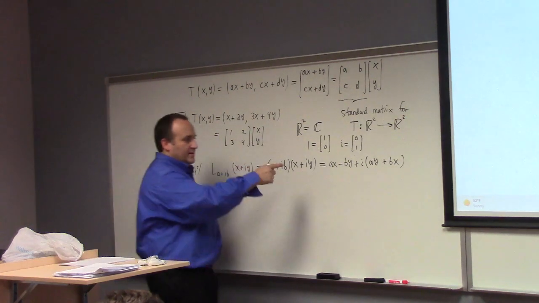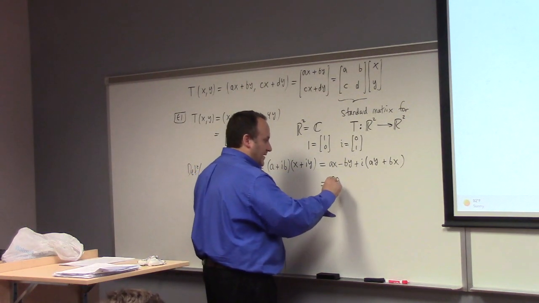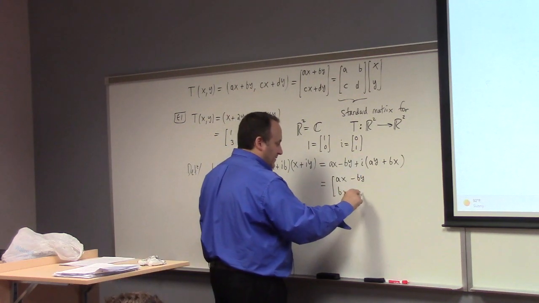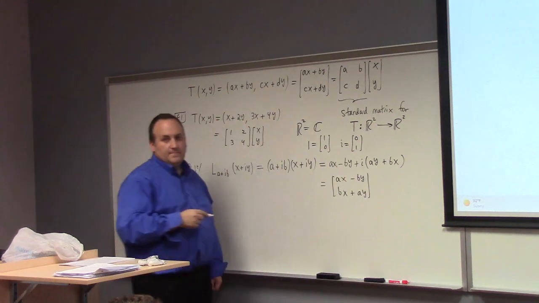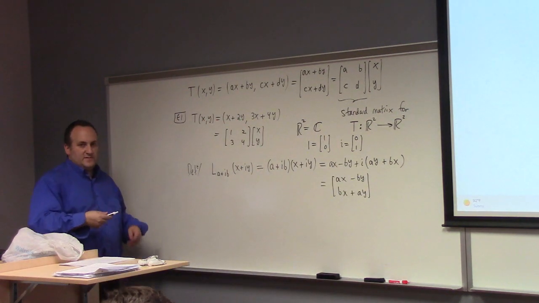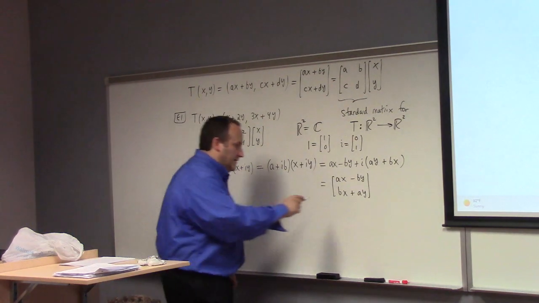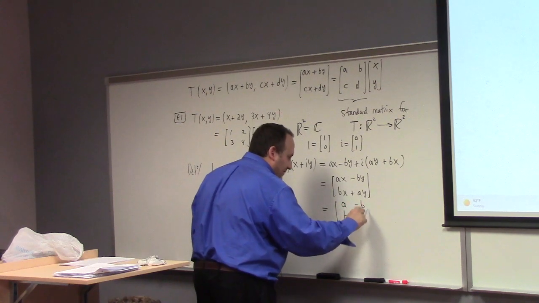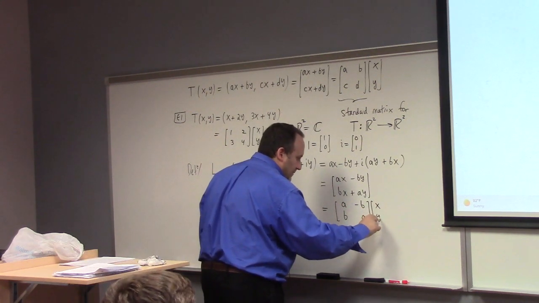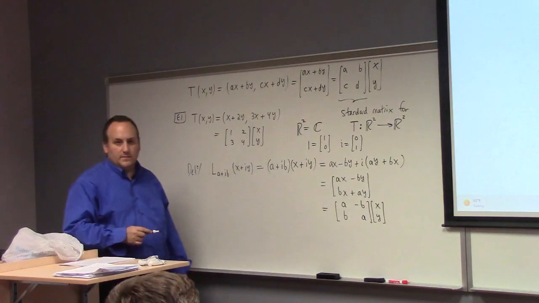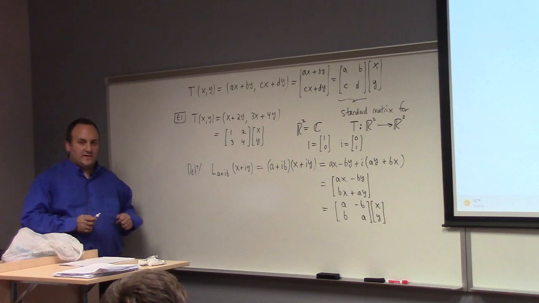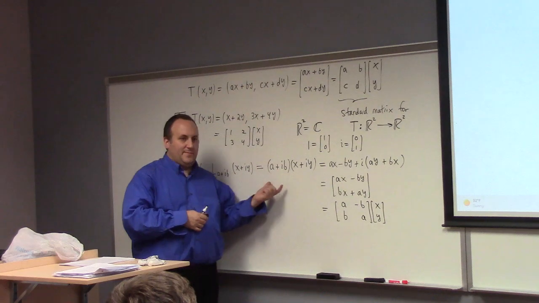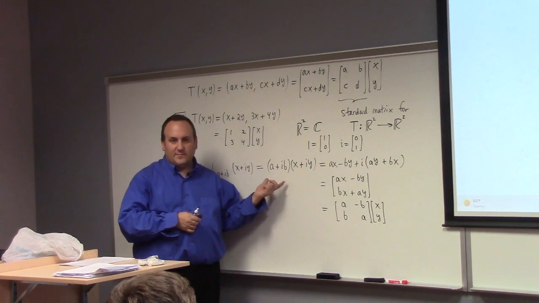So putting that into practice here, this is really ax minus by, and that is really bx plus ay, written as a column vector. But then, since we know how to multiply matrices times columns, you can rewrite this as the matrix [a, -b; b, a] times (x, y). So that's what the standard matrix of a mapping on the plane looks like if that mapping is achieved by multiplication by a complex number.